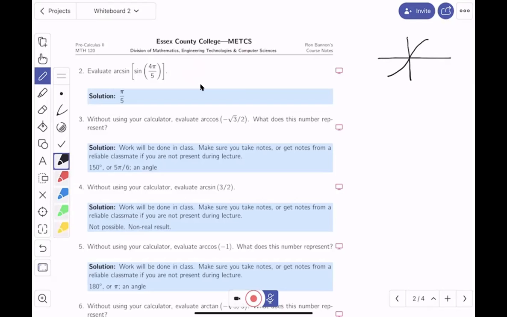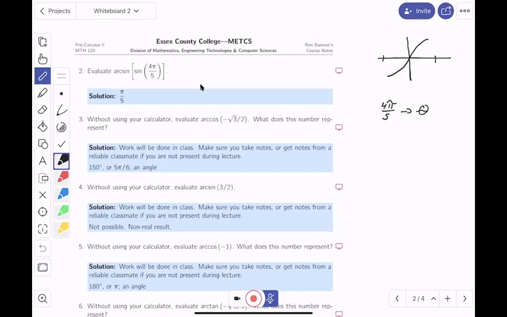Well, I know the domain, I know the range of it. And then the question is, 4 pi over 5, right? Well, that has a reference, doesn't it? Right now, before I get there, I want to point out to you that it's not in these numbers over here. These numbers go between minus pi over 2 and pi over 2. So let's just talk about the reference angle for this.